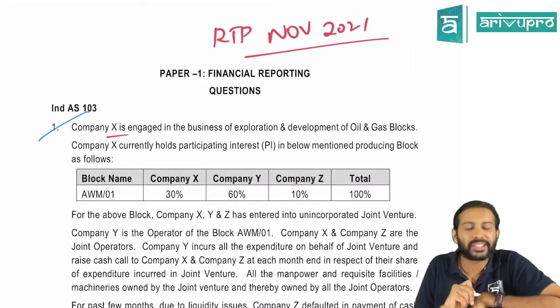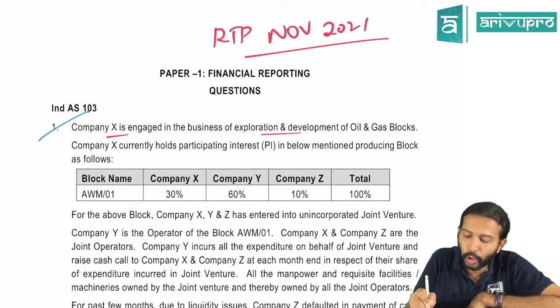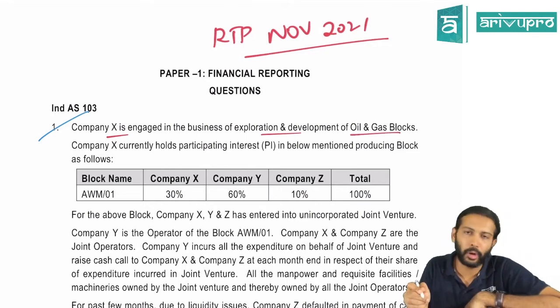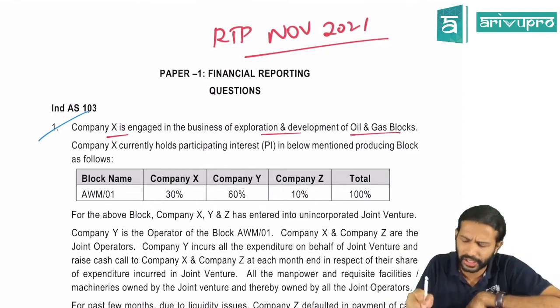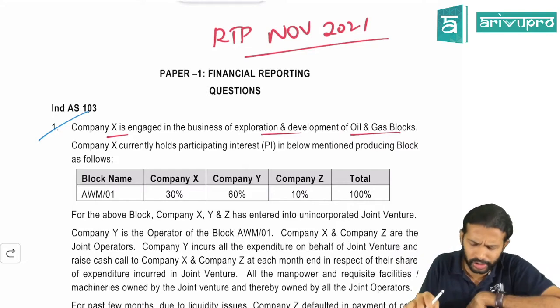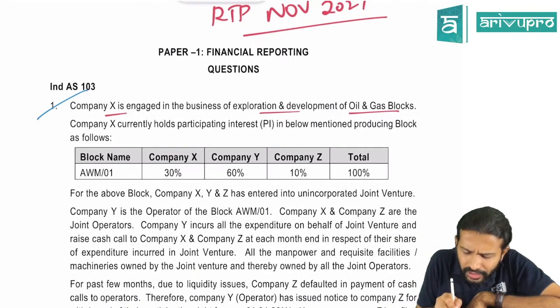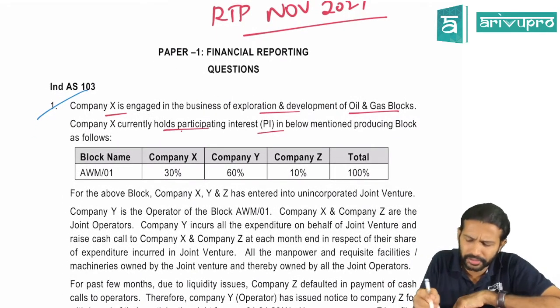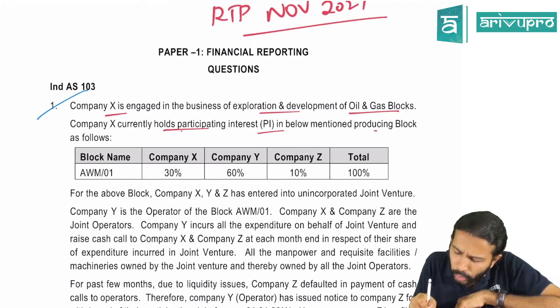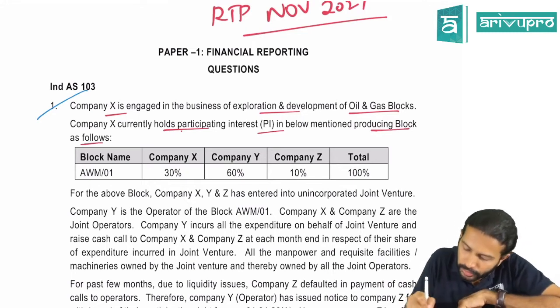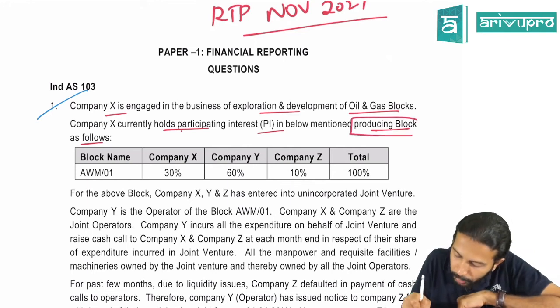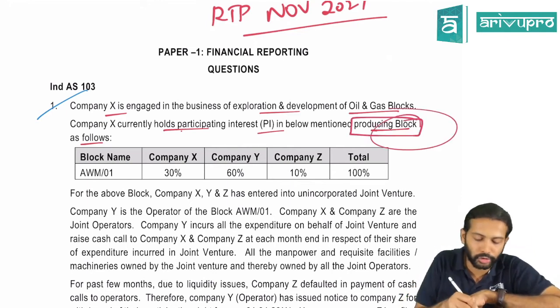Company X is engaged in the business of exploration and development of oil and gas blocks. So they are doing some exploration activity relating to oil. Company X currently holds a participating interest, some stake in producing blocks, as follows. They have a participating interest in the below mentioned producing block. This is the keyword. What do we mean by producing block?